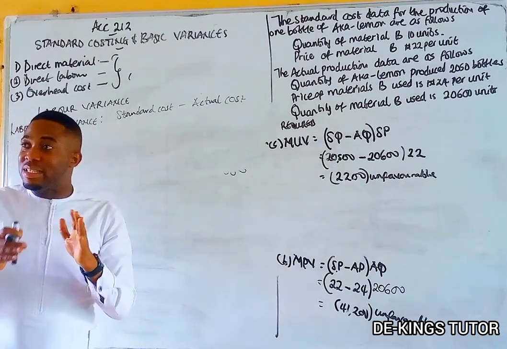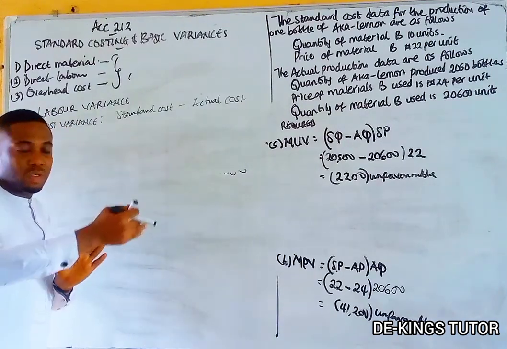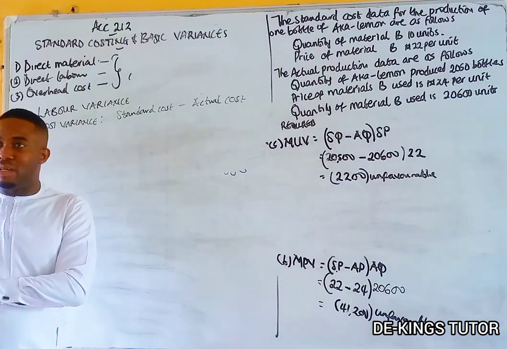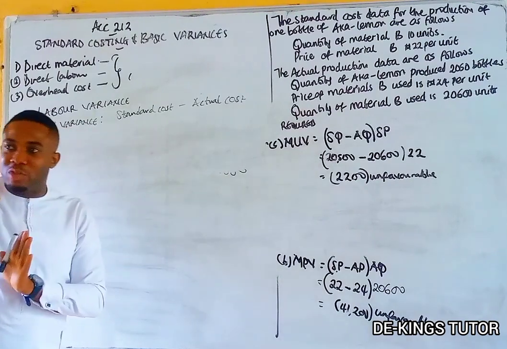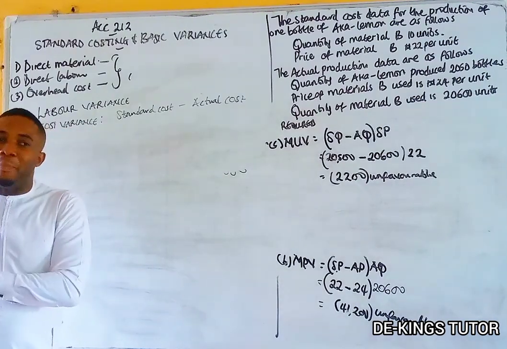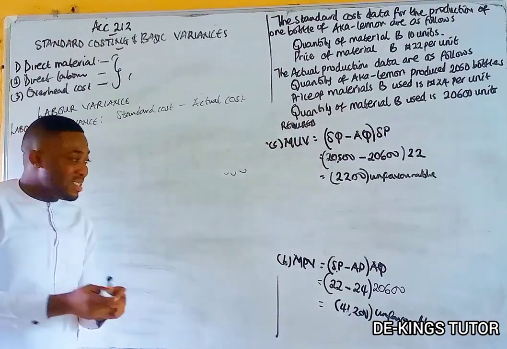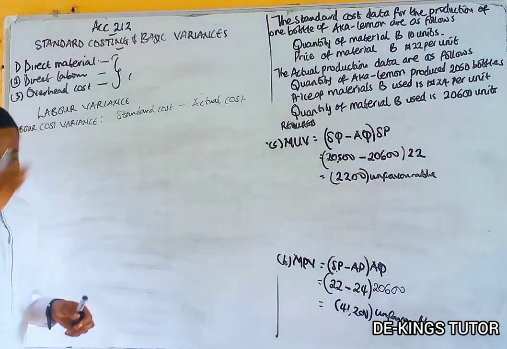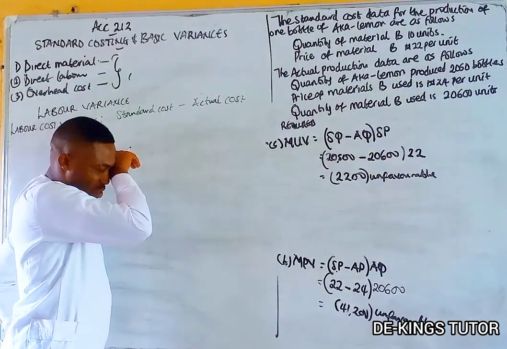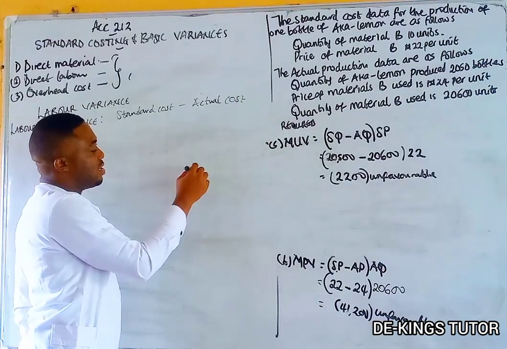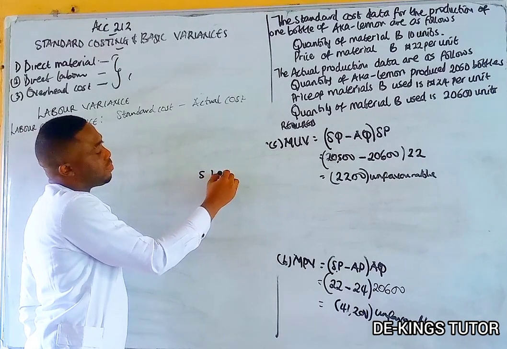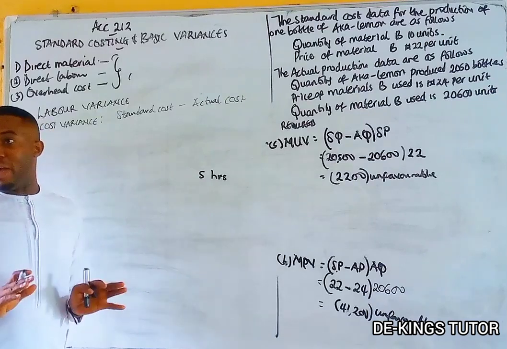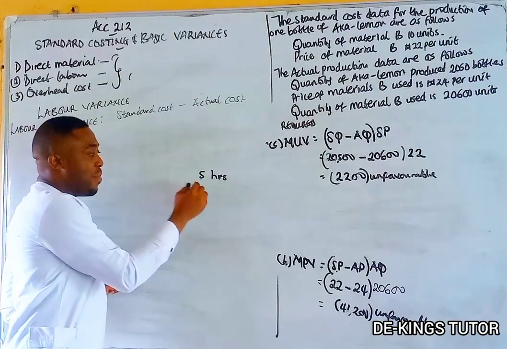It is the hours they have worked multiplied by the rate you are paying per hour, or per the time they have worked. For instance, if it is determined, like we saw in the basic standard, that you are working every day 5 hours, that is what you want to work in our company, 5 hours, and we are paying 100 naira per hour.